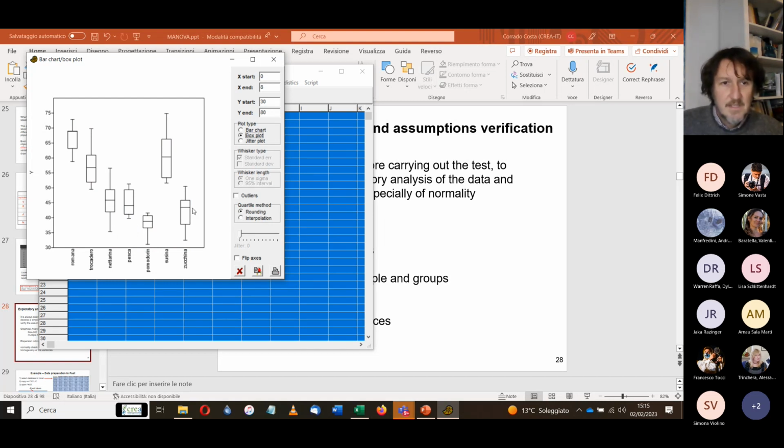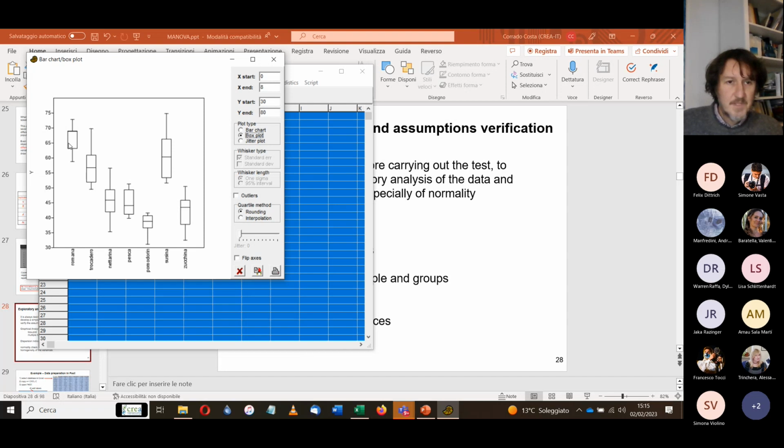A box plot is made from a mean value, that is this line here, a box that in this case is the quartiles, and the whiskers here. So the name is box and whisker plot, meaning the 95% confidence interval here.